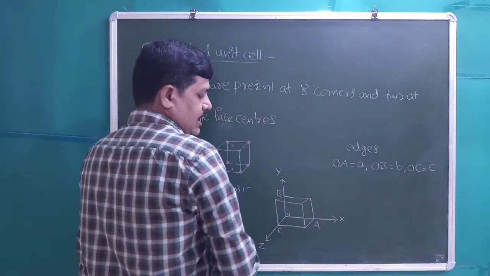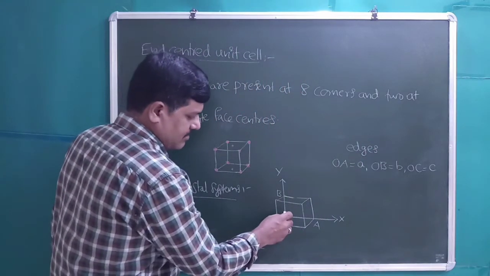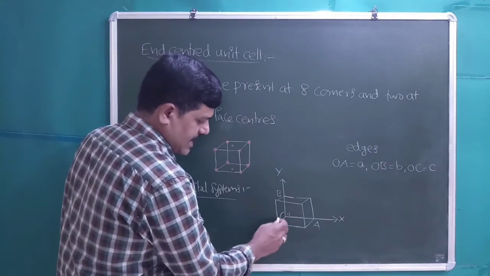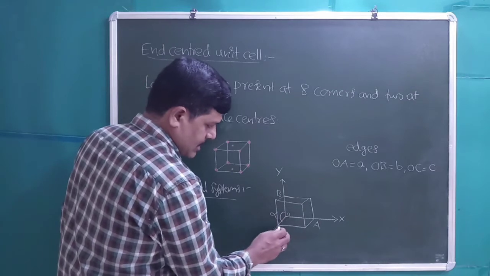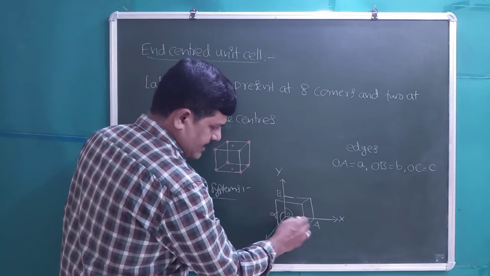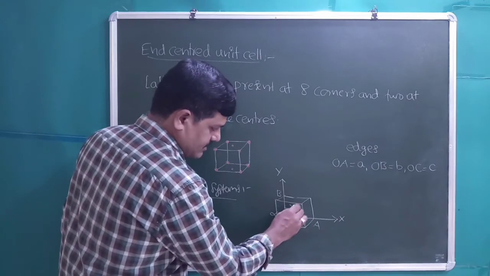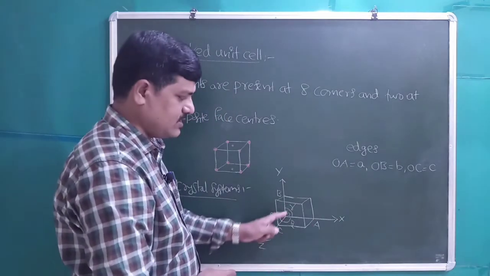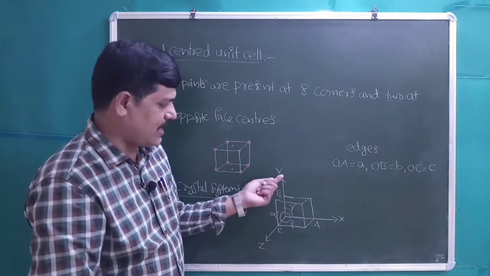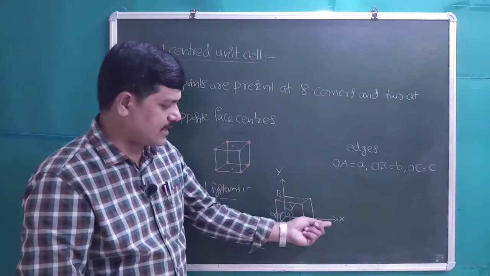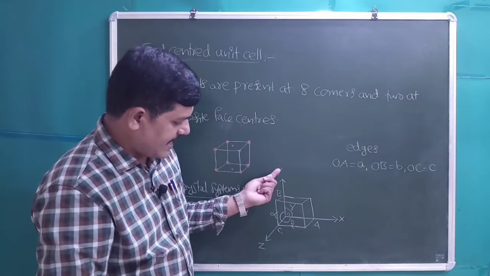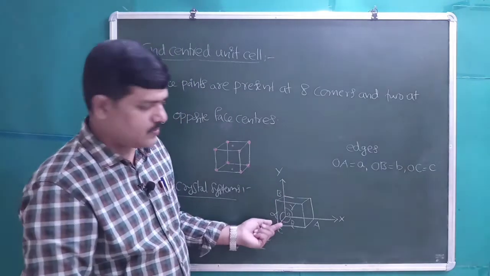Right? And this angle, according to the convention, this angle BOC is alpha, AOC is beta, and AOB is gamma. According to the convention we have to take it like that only. The angle between x-axis and y-axis is gamma, x-axis and z-axis is beta, and y-axis and z-axis is alpha, right?